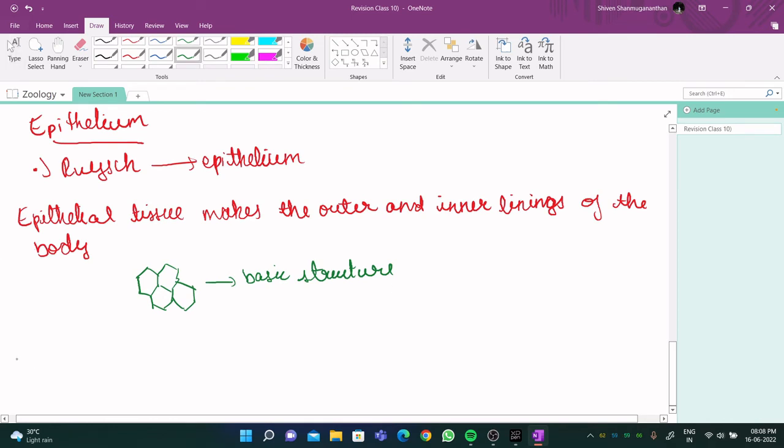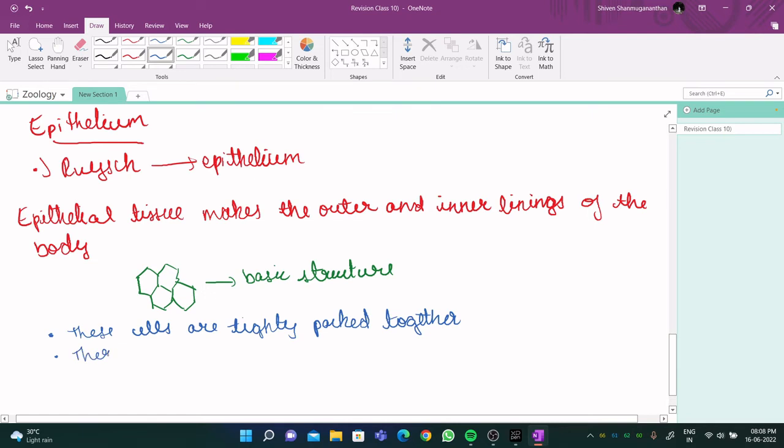As you can see, they are very tightly packed together, and there is no intercellular space. Let's make that a separate point.